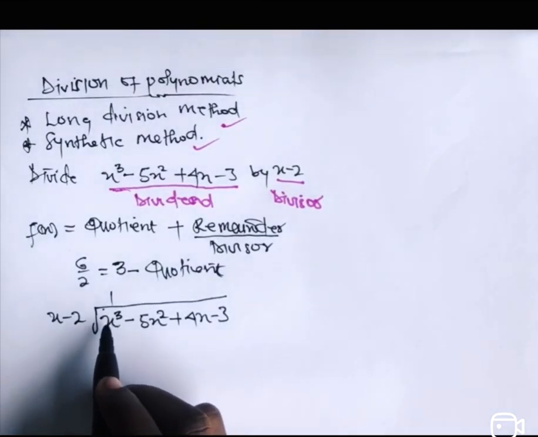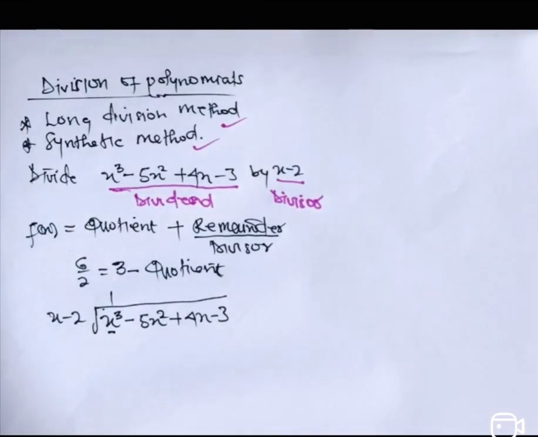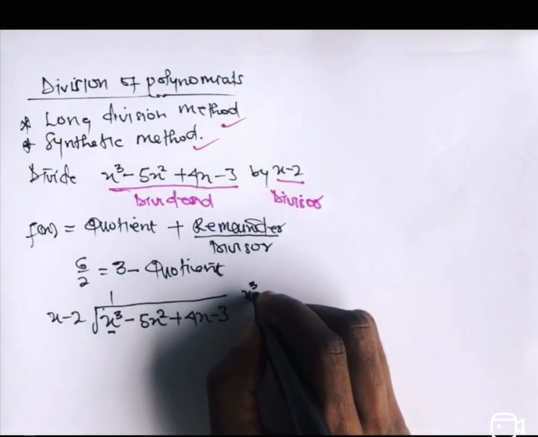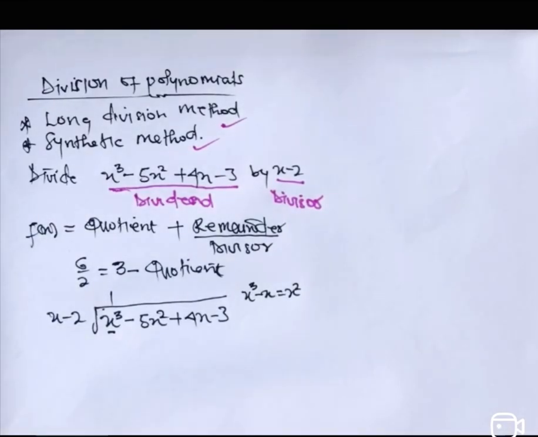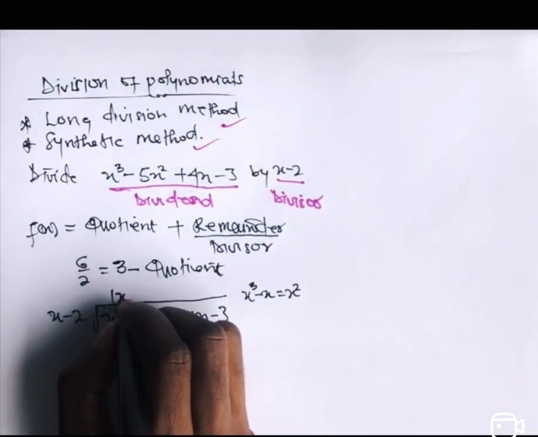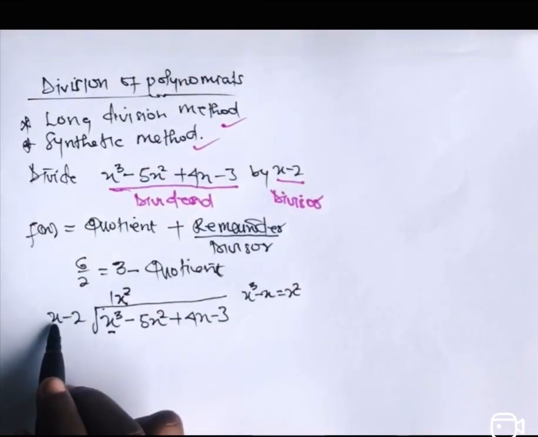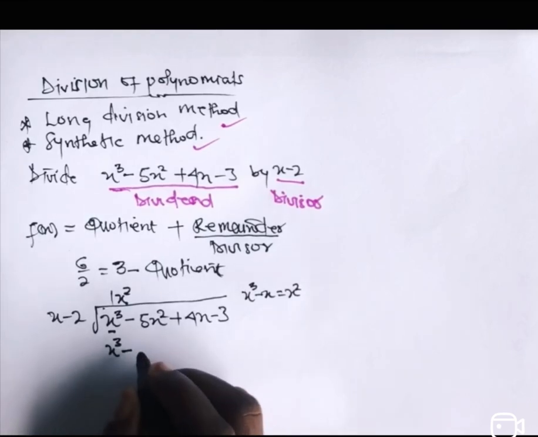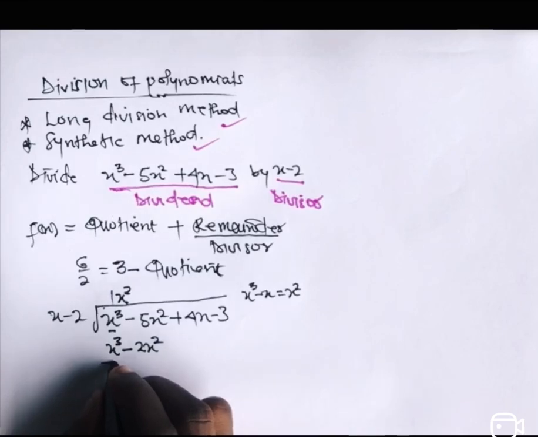Now we have x cubed here, so we pick this x cubed divided by x, and that will give you x squared. Now you take this 1x squared, you multiply by this, that will give you x cubed, minus 1x squared times 2 will give you 2x squared.